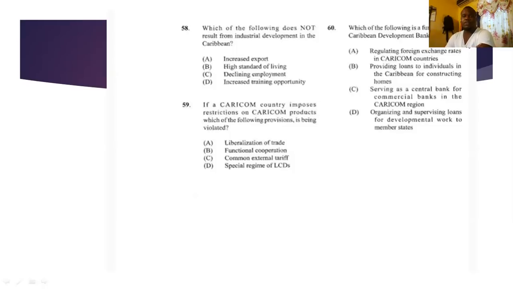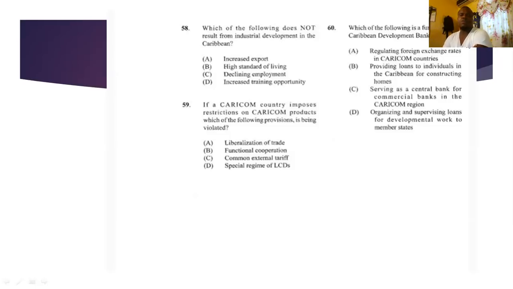Increased export is going to happen because industries are producing goods. High standard of living, persons are going to be employed so they can take care of themselves financially better. Increased training opportunities, yes, because persons have training on the job. Decline in employment is not a result of the development of industries because persons are actually gaining employment, so there's going to be an increase in employment. So the answer for 58 is C, decline in employment.